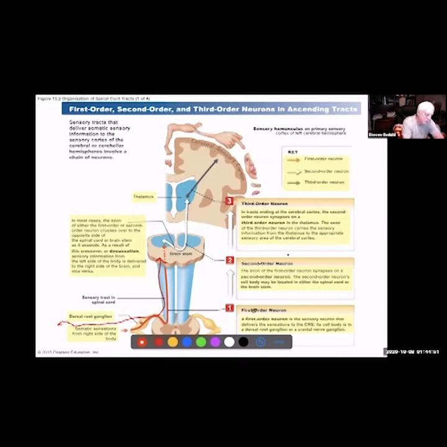The second-order neuron crosses over, decussates to the contralateral side, and then goes up through the spinal cord to the thalamus in the brain. That's your second-order neuron. The third-order neuron goes from the thalamus into the cerebral cortex, where the actions occur in the brain. So first-order neuron, second-order neuron, third-order neuron.